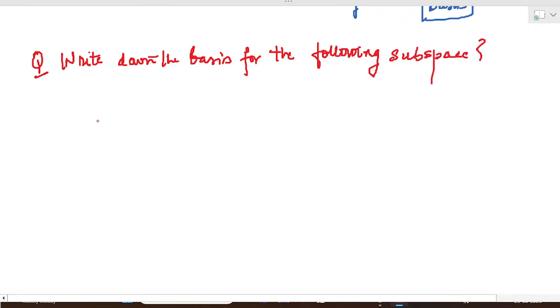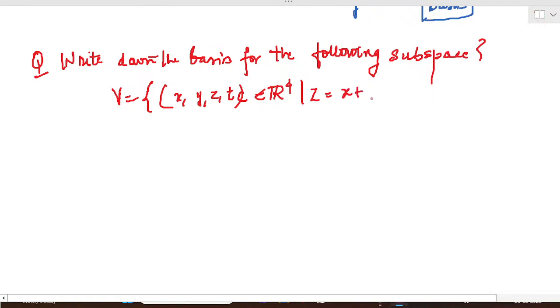The subspace V is given to be (x, y, z, t) belongs to R power 4 such that z is equal to x plus y, and x plus y plus t equals 0. So if you want to write the basis for this particular subspace, how is that possible?